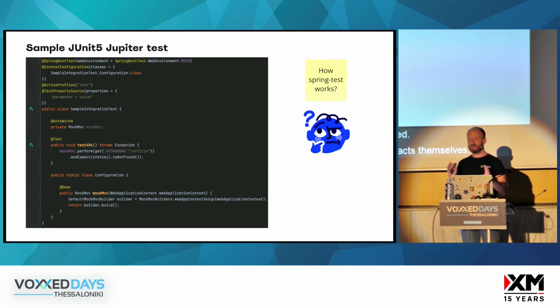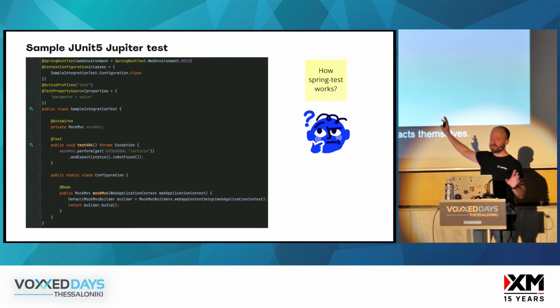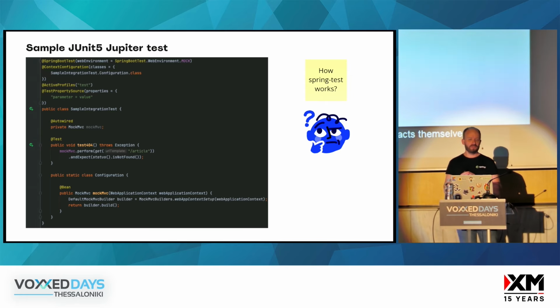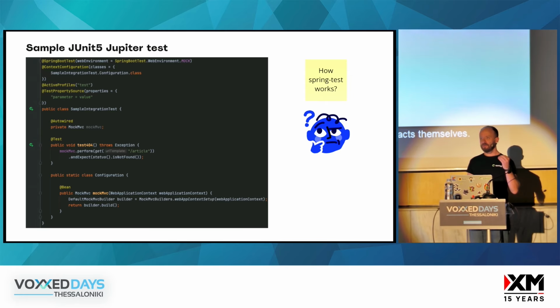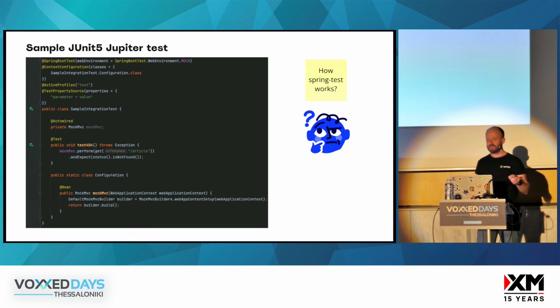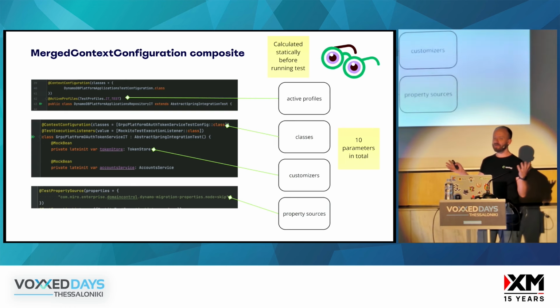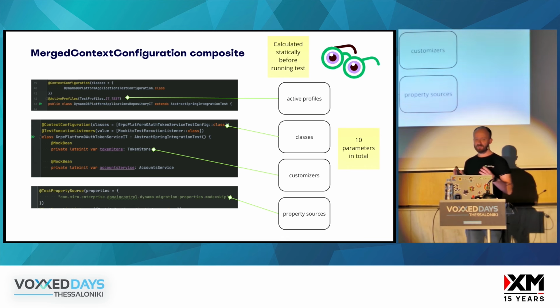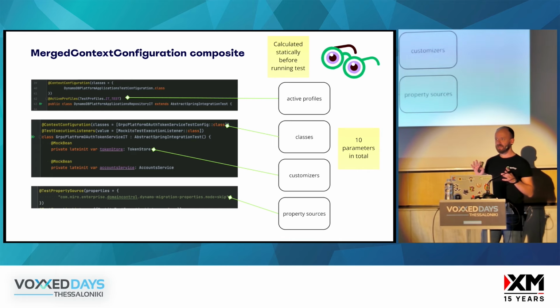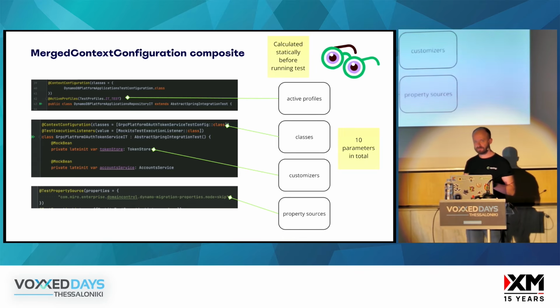So let's take a closer look at a sample JUnit Jupyter test. What happens behind the scenes when this test is executed? In the very beginning, Spring analyzes some kind of meta information which is defined on the test class.